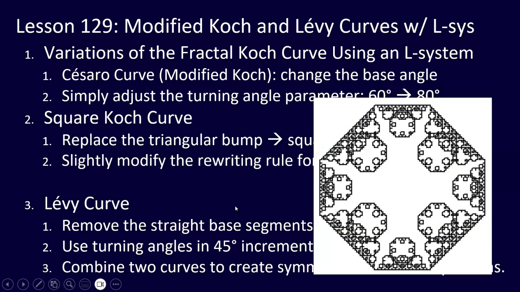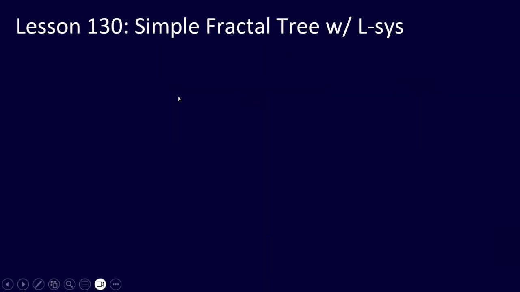And we have seen that L-system is a very powerful tool to draw fractal curves very easily. Today we're gonna draw again a simple fractal tree, which we drew several lessons back, this time using L-system. Okay, let's try this.